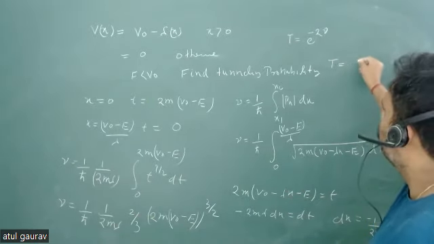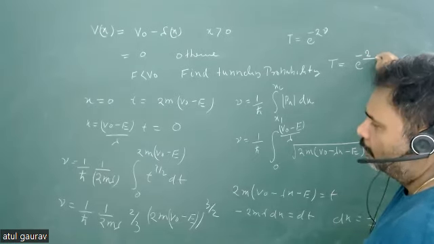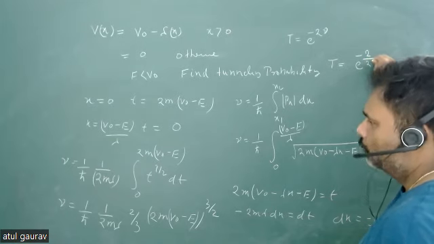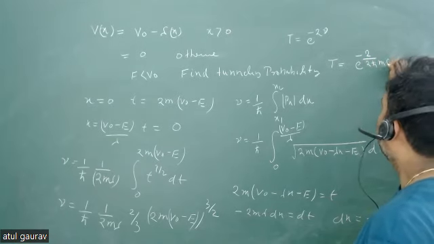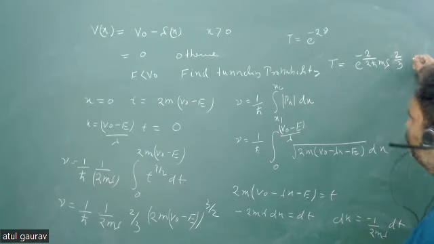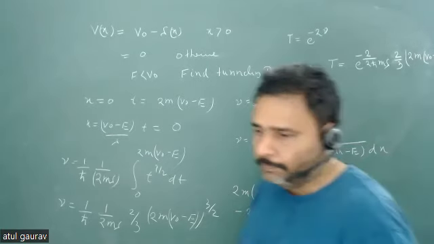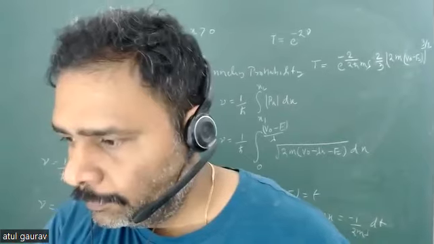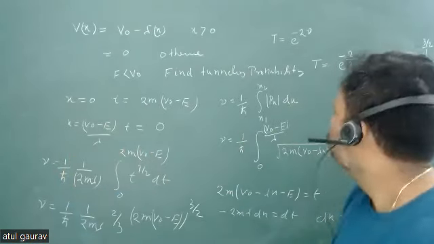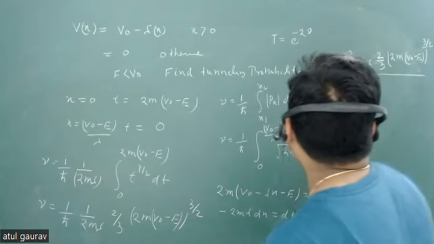Your T is equal to e to the power minus 2 upon 2 h cut m lambda into 2 by 3, and you have (2m(V naught minus E)) to the power 3 by 2. हो रहा है ये? जस्ट चेक इट, और इसके बाद आप जो चाहो उसको ऐसे लिख सकते हो.